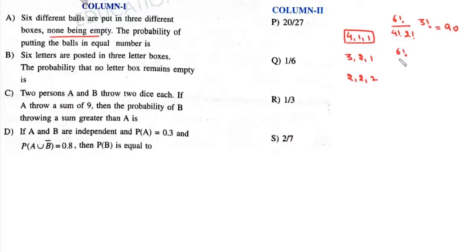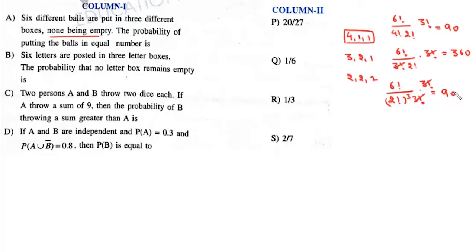It will be factorial 6 divided by factorial 3, factorial 2, and again we have to distribute them in 3 boxes, so factorial 3 gets cancelled. Then it will be 360. And finally for 2, 2, 2, this is factorial 6 divided by factorial 2 three times, divided by factorial 3, and then we'll multiply it with factorial 3, which gets cancelled. Now here it will be again 90.